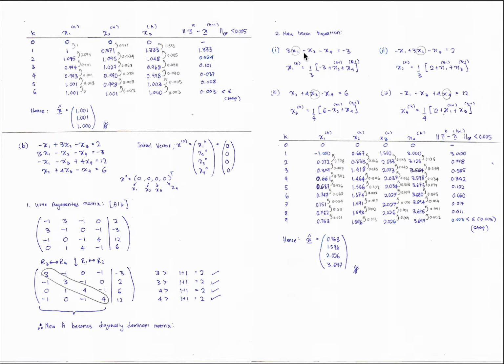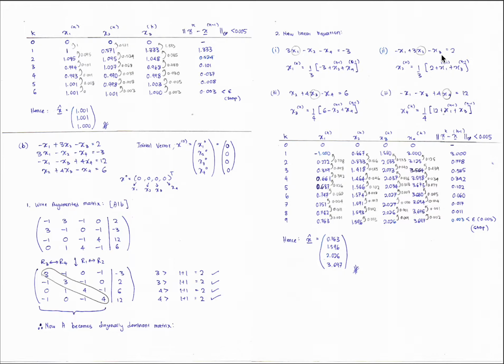So what we want to do with all these 4 equations, for row 1, we must make sure that x1 ni sebagai tajuk. So we change all the values to the right hand side like this. We get this value. For row 2, we choose x2 sebagai tajuk.